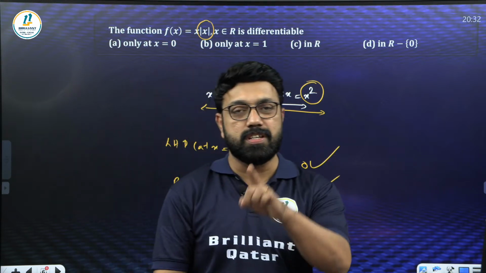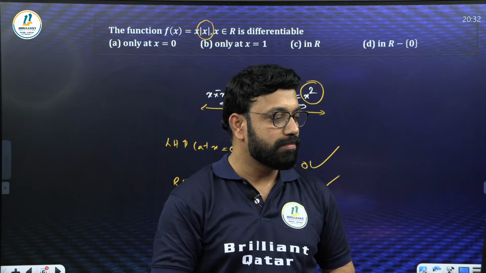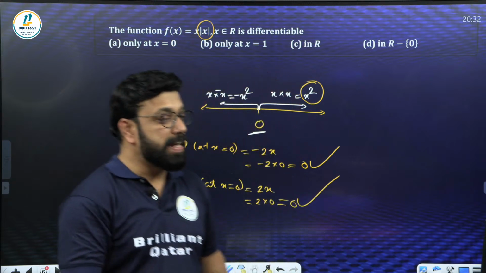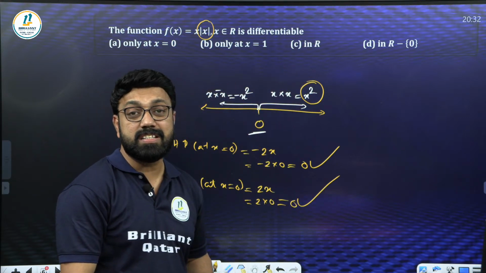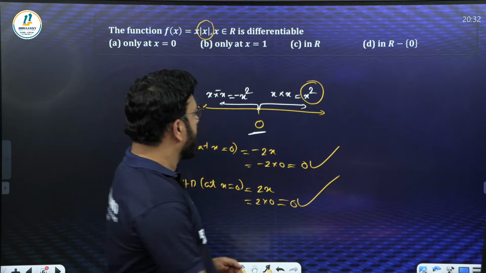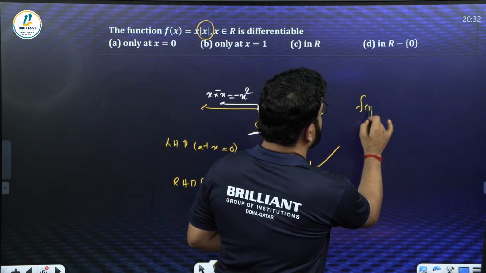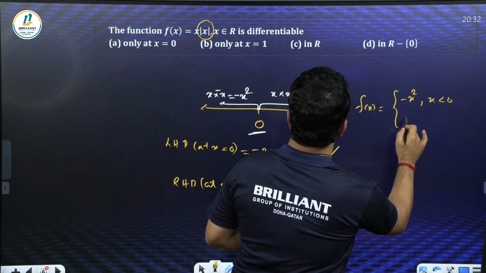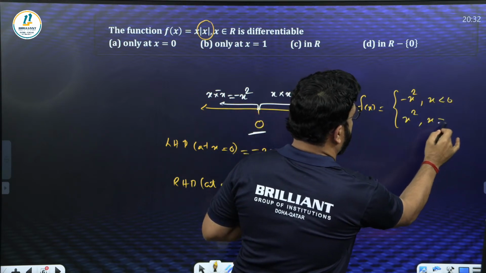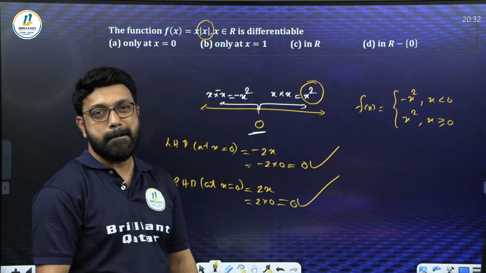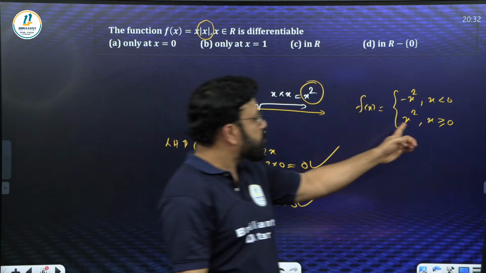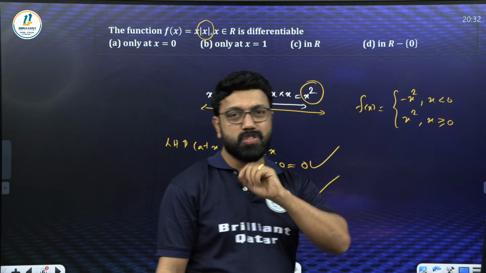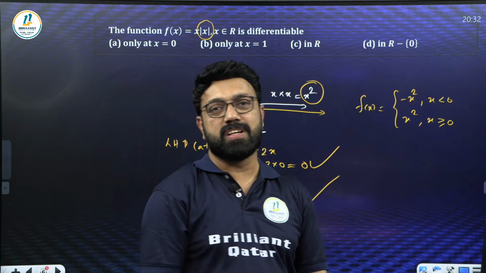LHD equal to RHD now means it is differentiable everywhere, because this function is actually f of x equal to negative x square for x less than 0, positive x square for x greater than or equal to 0. x square is always differentiable and continuous.